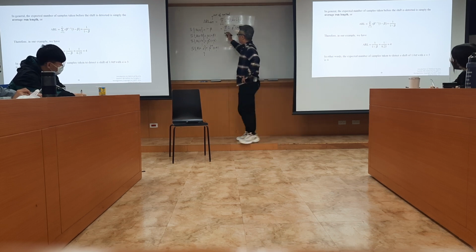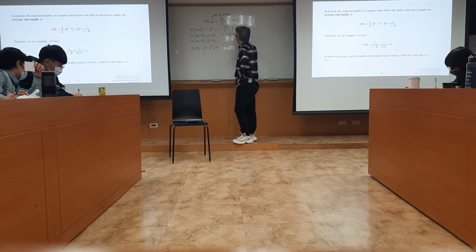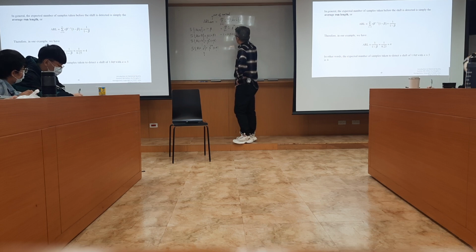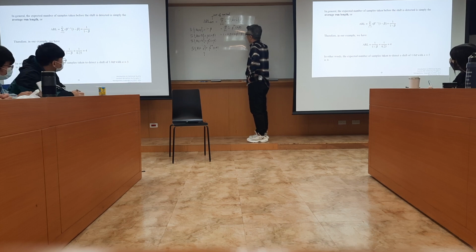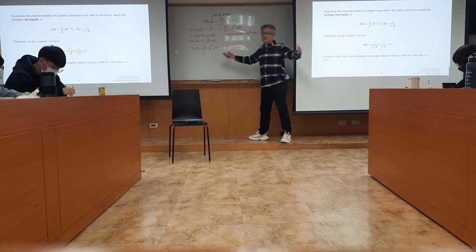So that is equal to 1 times 1 minus beta, plus 2 times beta times 1 minus beta, plus 3 times beta squared times 1 minus beta, and so on to infinity.